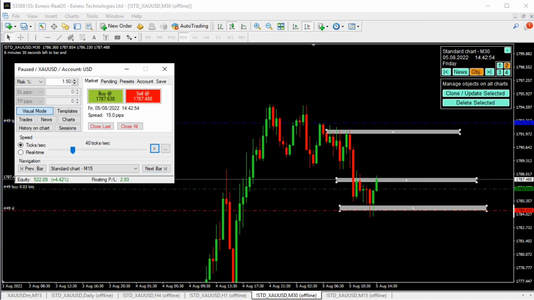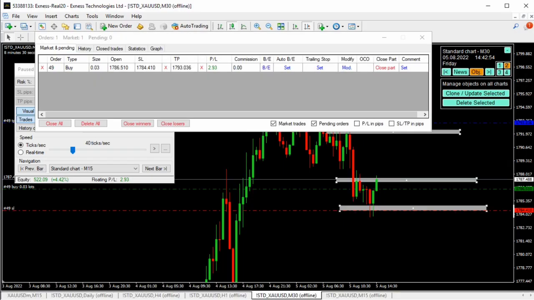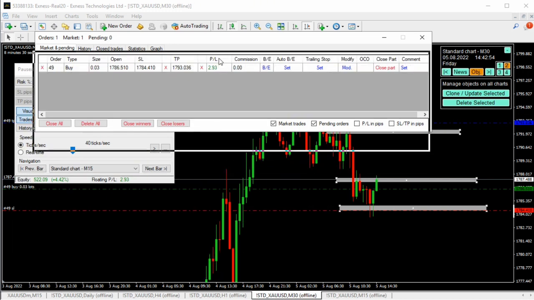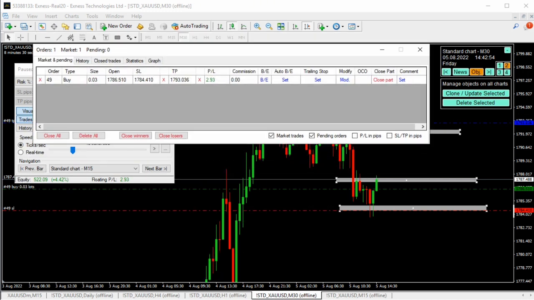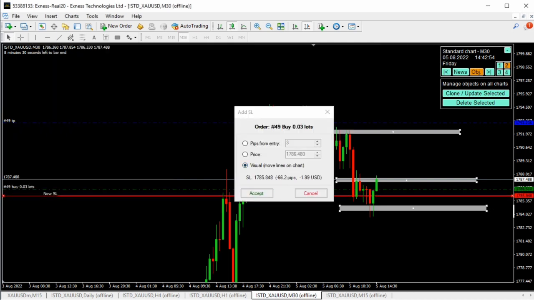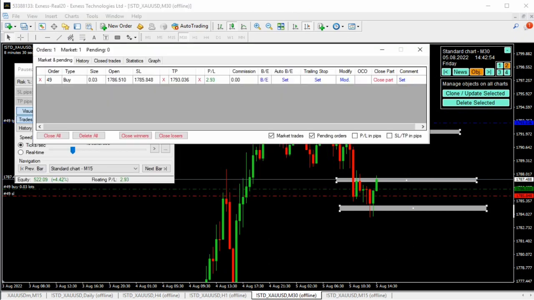Beautiful. Just like I said, we're just going to trail our stop losses. We're going to visually move the stop just below this 15-minute candle.